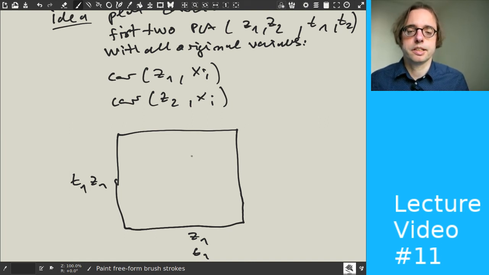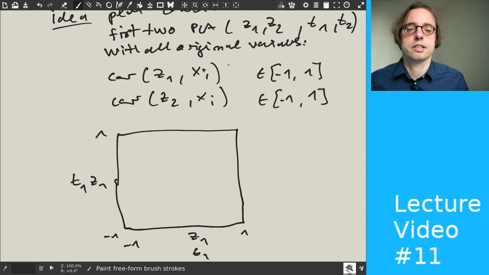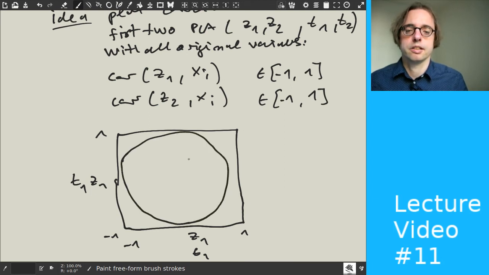For each data point we have a number that goes from -1 to 1, of course, and here the same. Because of the nature that the sum of those squared correlations never goes above 1, we find that they all lie in a circle.